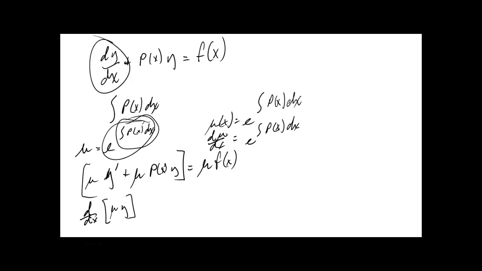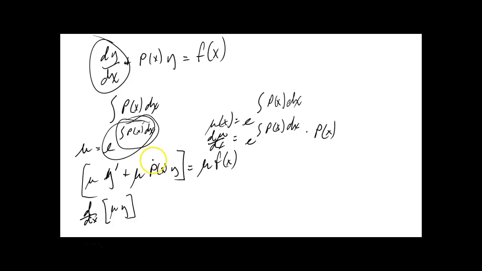A derivative undoes an integral, and an integral undoes a derivative. So it's going to be e to the integral of p of x dx times p of x. And then that's times y.